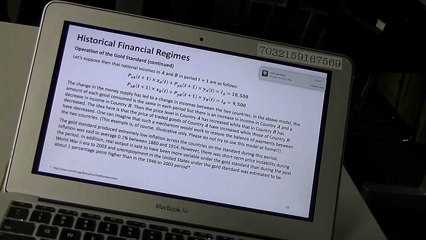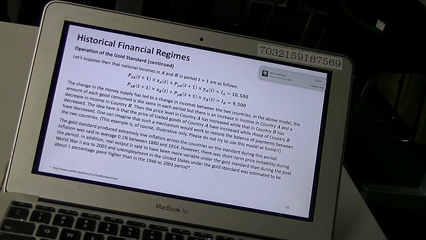The prices rise enough, it balances out, and eventually the prices become equal. The trade becomes equal. Don't worry about exactly how that works. Don't worry about trying to calculate all that out. The important thing is that you remember how the mechanism works. Gold flows from one country to the other.